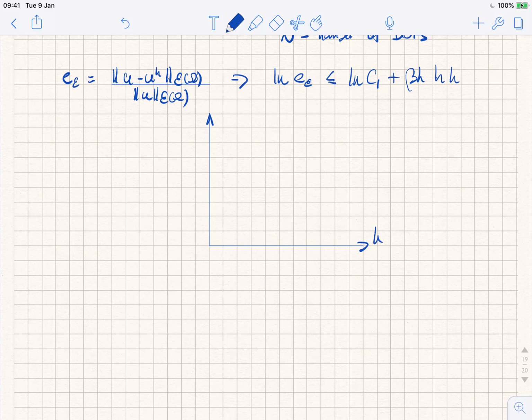I am interested in log of h, right? This is a log-log plot, which is what you should be trying to create in your projects. And this is the log of the error in the energy norm, or more precisely, the relative error in the energy norm. What this is basically saying is that you have a line.